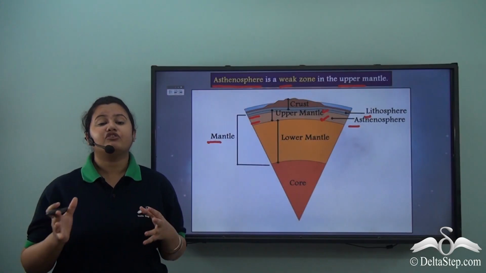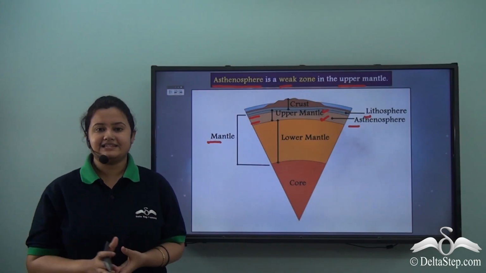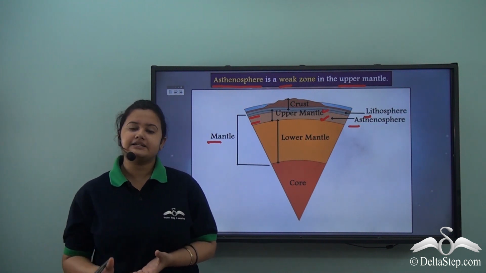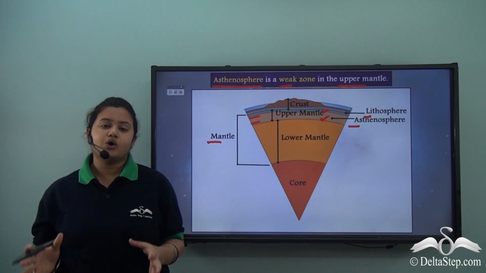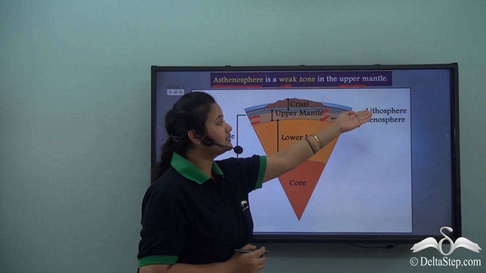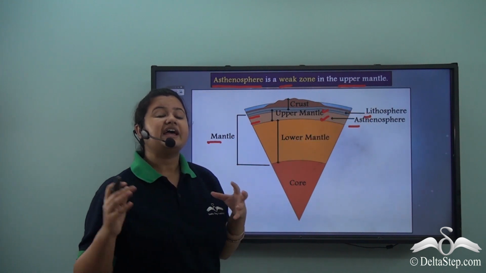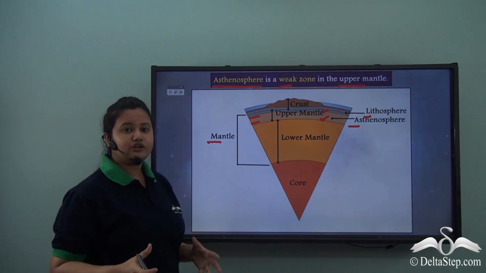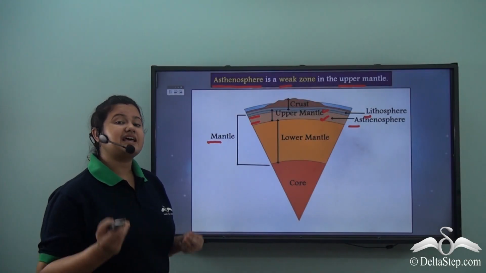Now, we have already learnt in our previous lessons that seismic waves travel faster in solids and slower in liquids. So here we find that as we move from lithosphere to asthenosphere, there is a change in state because lithosphere is in solid form and asthenosphere is in semi-solid form.